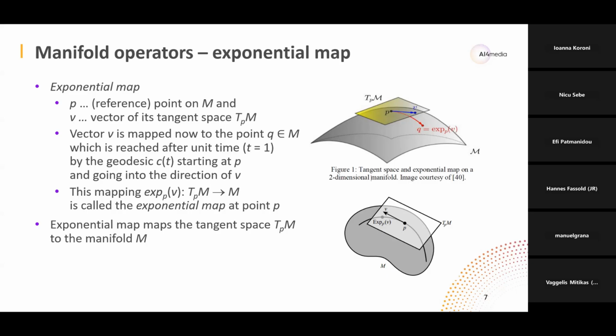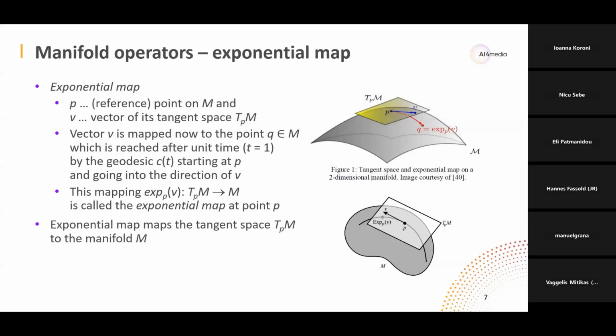So now you have a certain reference point on the manifold, the reference point P, and you can see that on the upper right. And then you have a vector V on the tangent space of this point. So on the tangent space on the reference point, so TPM.